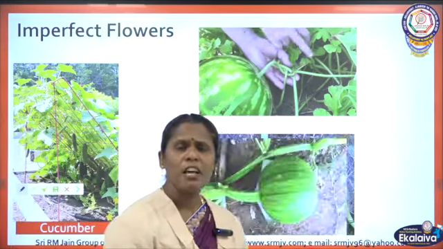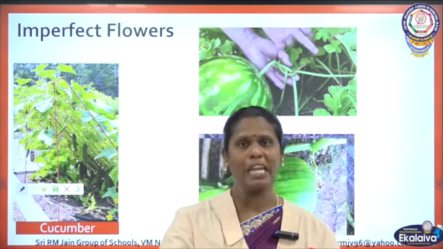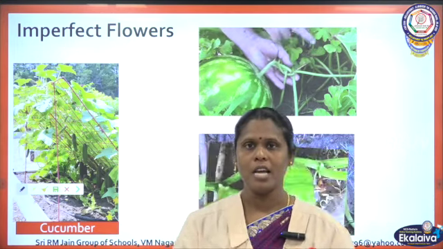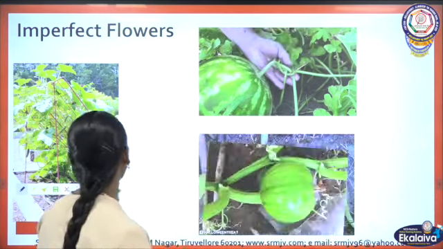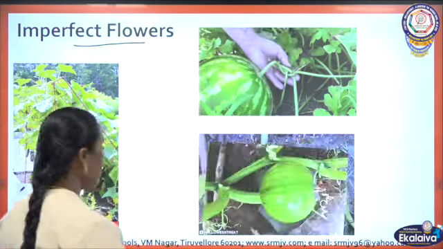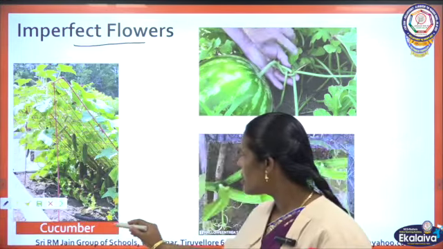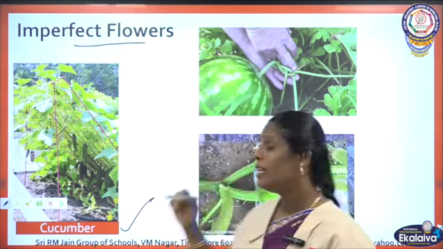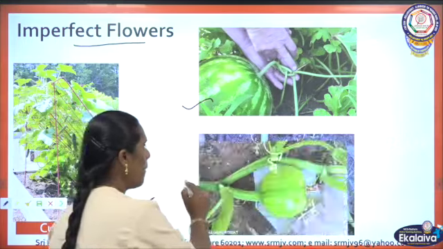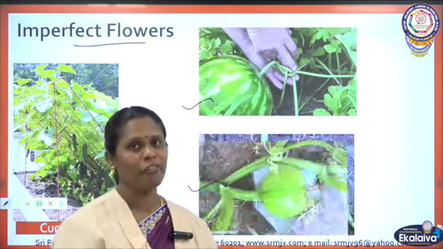Some plants have either all male part or all female part. Those kinds of plants are called imperfect flowers. See the examples of imperfect flowers. This is a cucumber, watermelon and pumpkin are the examples of imperfect flowers.